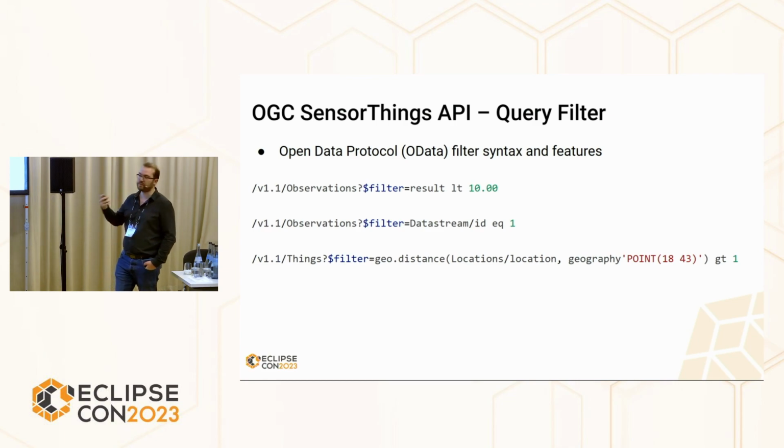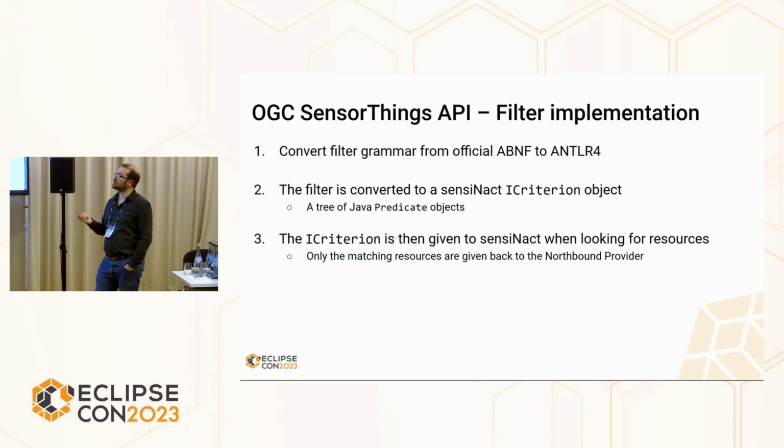So we had to implement both a parser for that language plus, I think, 40 methods of comparison. You have geographic distances, you have also time references, this kind of stuff. So in fact, we decided to move it to the lowest level possible in SensiNact, which means obviously we converted the grammar that is given in a format and we want it in ANTLR.